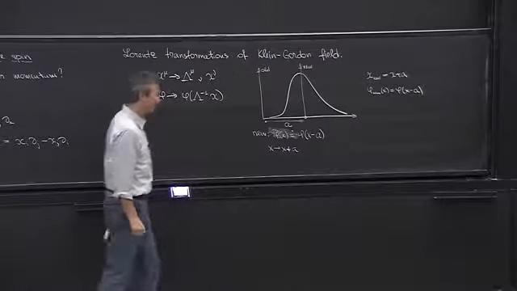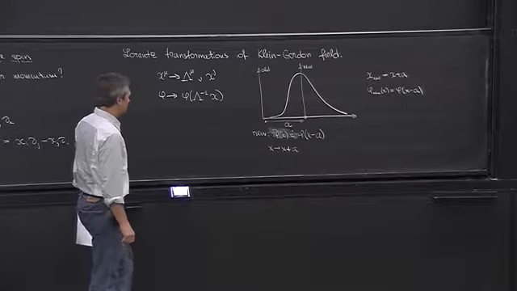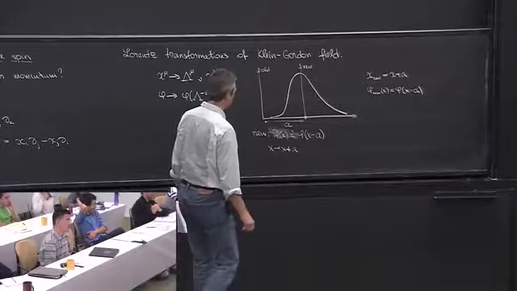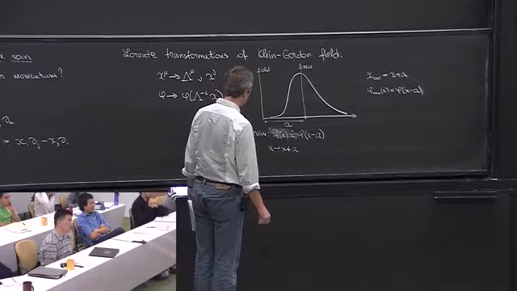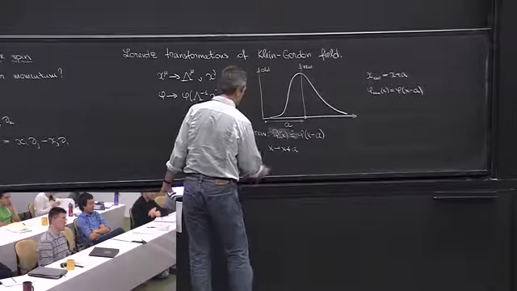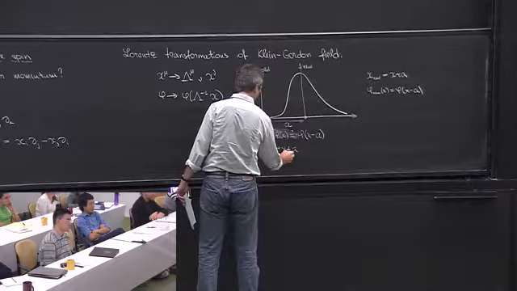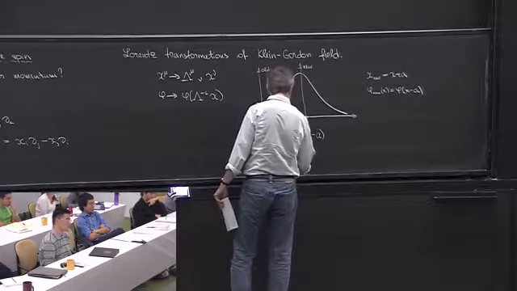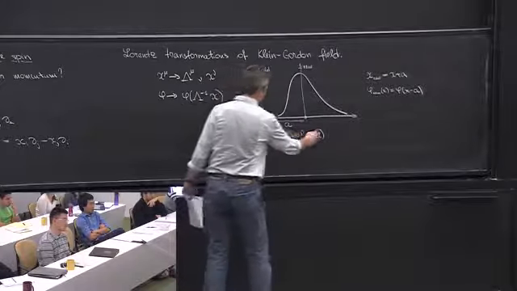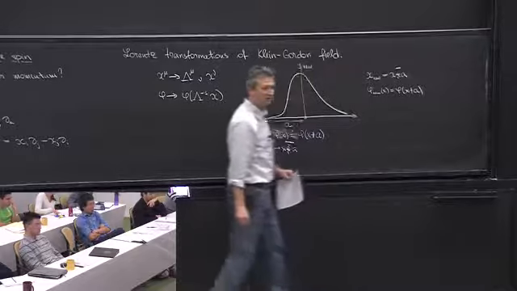That should be x minus a because the new 0 is at old x equals a. Yes, you're right. So to conform with this picture, here should be plus, here should be minus, and here a plus.